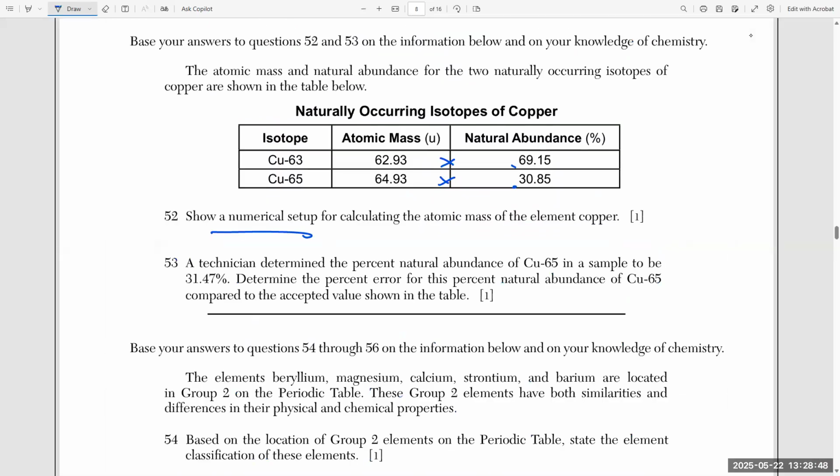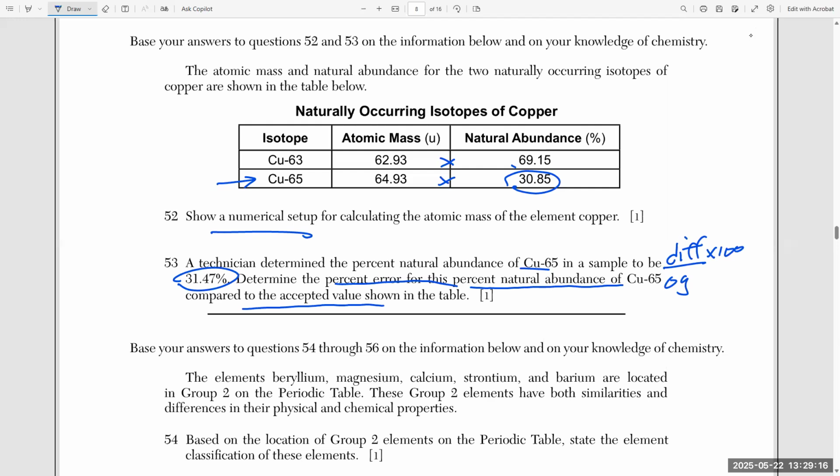A technician determined the percent natural abundance of copper-65, that's this, in their sample to be 31.47%, unlike the 30.85%. Determine the percent error for this percent natural abundance of copper-65 compared to the accepted value. All right, so what are we looking at? It's the difference divided by the original times 100, right?